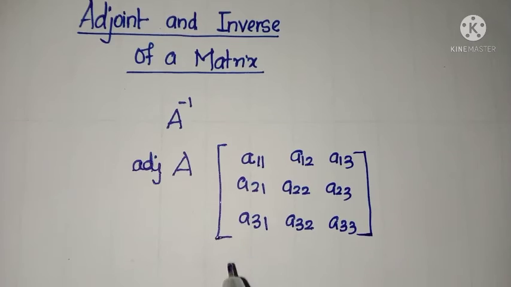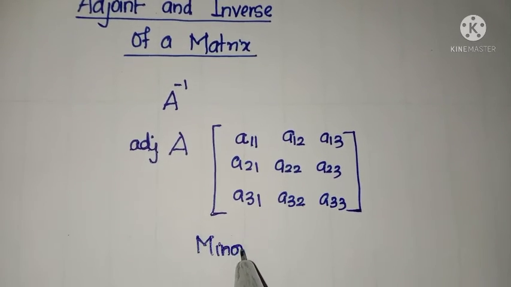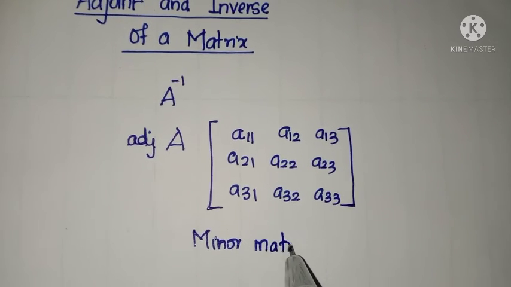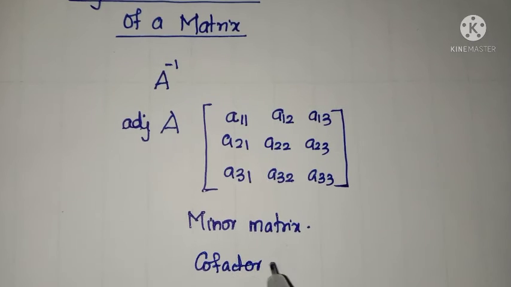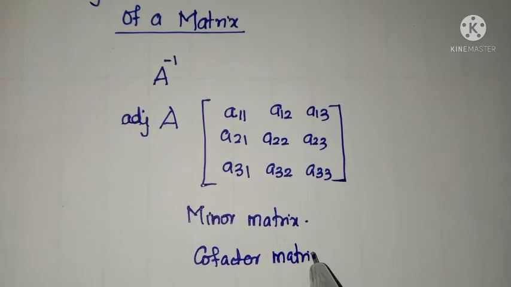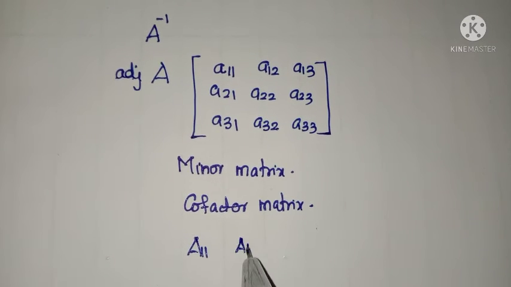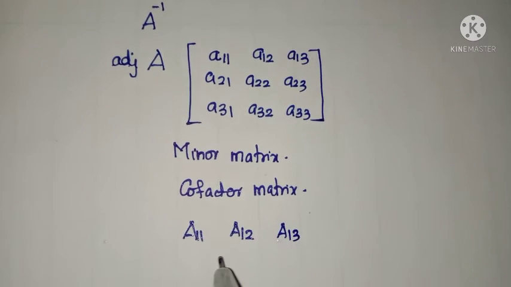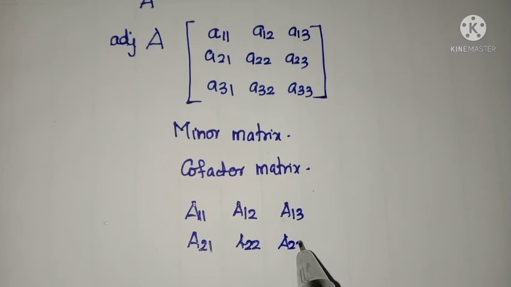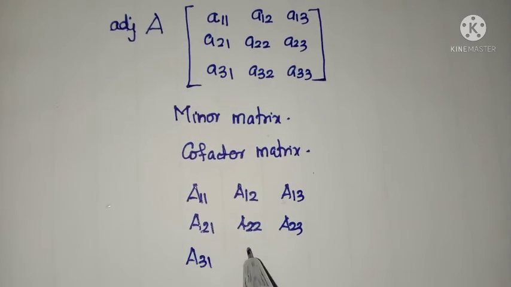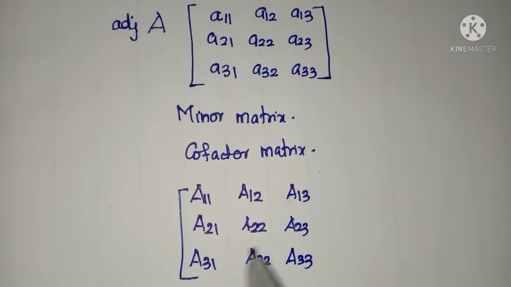So first we want to find the minor matrix of this matrix, then find its cofactor matrix. The cofactor matrix is denoted by capital A11, A12, A13, A21, A22, A23 and A31, A32, A33. This is the cofactor matrix.